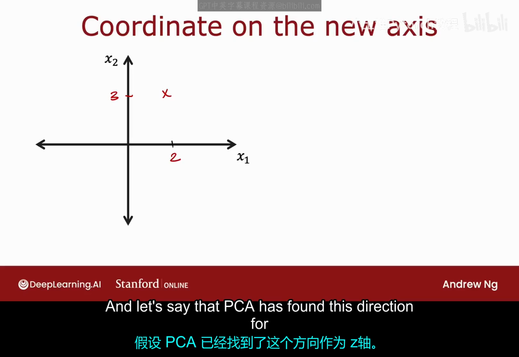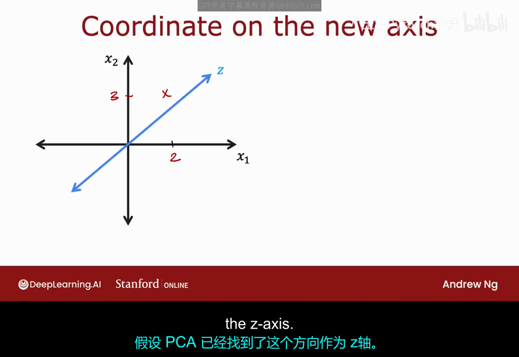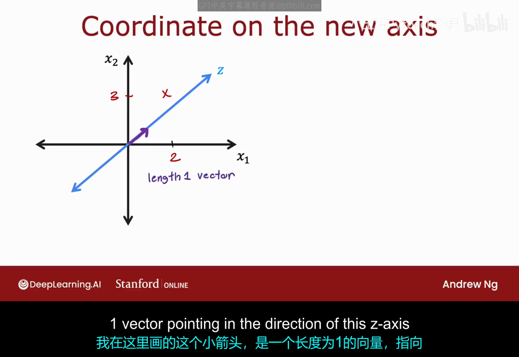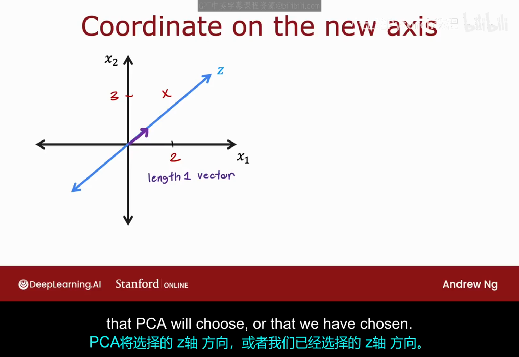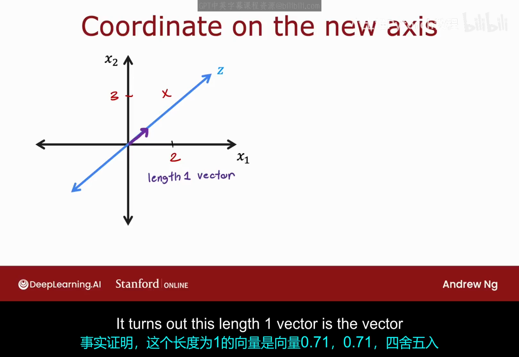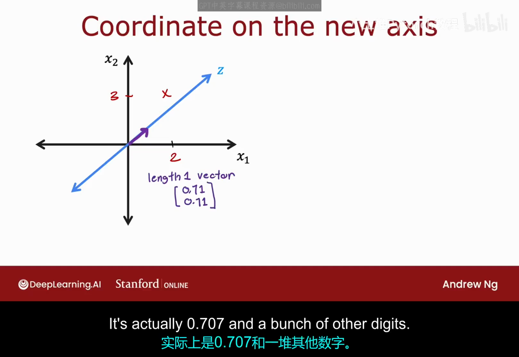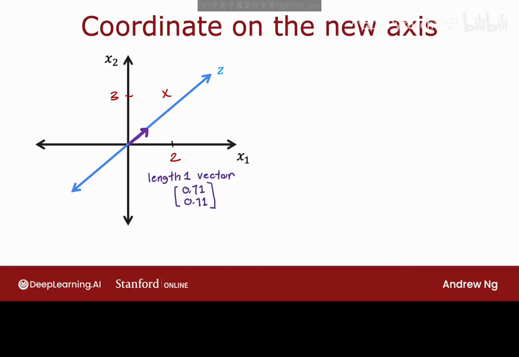And let's say that PCA has found this direction for the z-axis. What I'm drawing here, this little arrow, is a length 1 vector pointing in the direction of this z-axis that PCA will choose, or that we have chosen. It turns out this length 1 vector is the vector 0.71, 0.71, rounded off a bit. It's actually 0.707 and then a bunch of other digits.